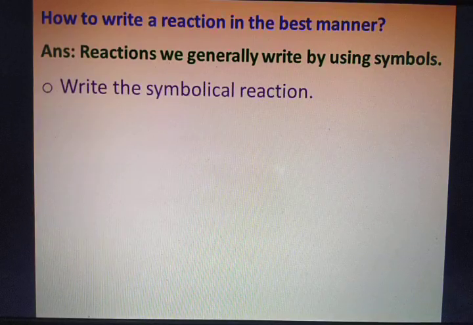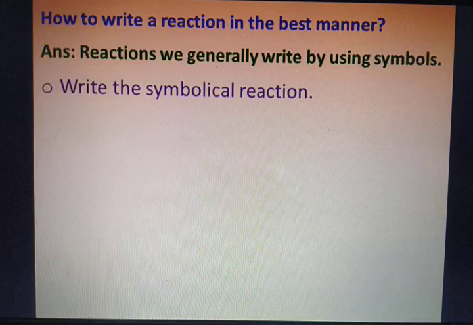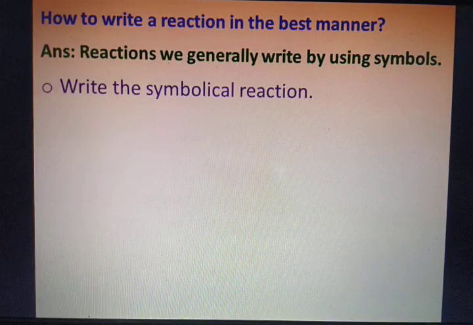Now, the first thing, we will write a symbolical reaction. For example, the question is to write the reaction between these two substances, or in the previous case, the law of conservation of mass, there is a reaction given in words as well as in symbols.